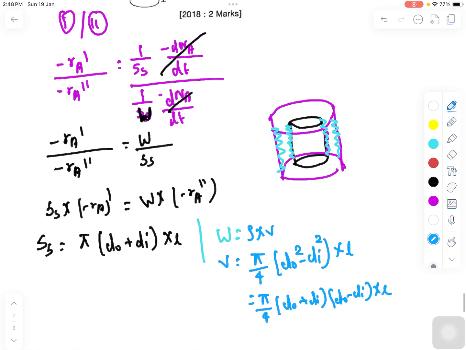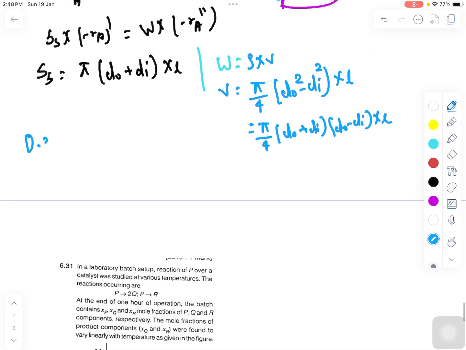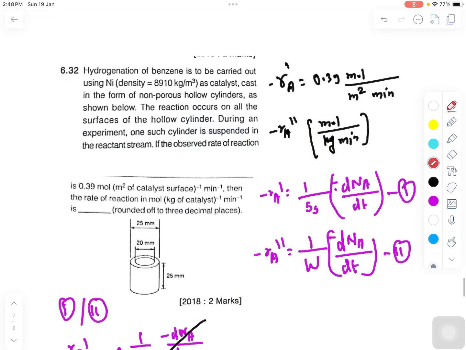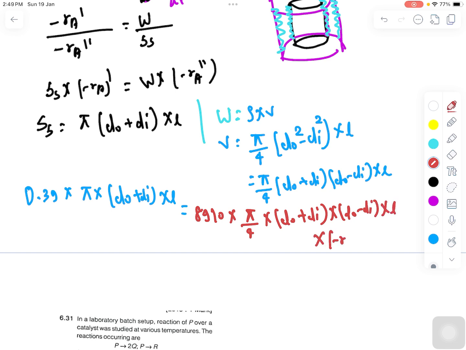RA dash is given to you, that is 0.39. So 0.39 multiplied with pi into d outer plus d inner into L will be equal to the density of the material, which is also given, 8910. Is that clear? So I can write here 8910 multiplied with pi by 4 into d outer plus d inner into d outer minus d inner into L, multiplied with minus RA double dash, which we are supposed to calculate. Here you can see d outer plus d inner, pi and pi get cancelled out, L and L get cancelled out.